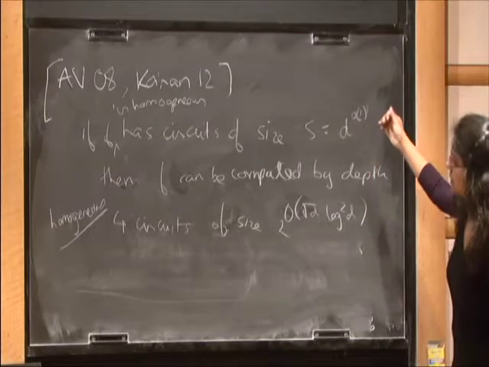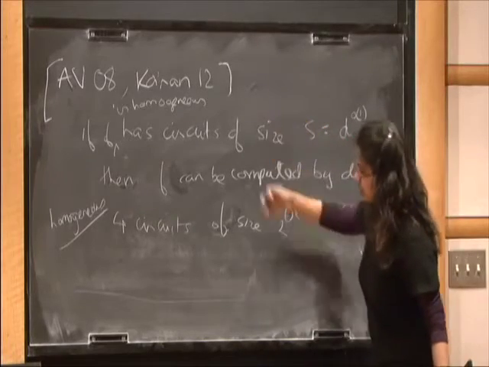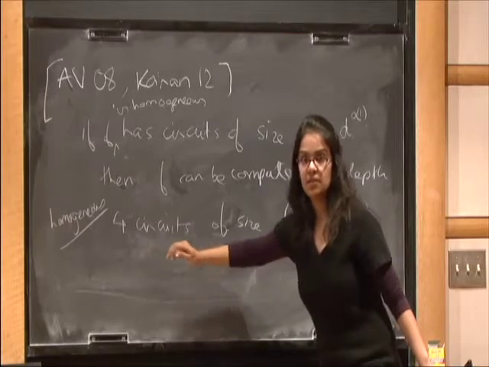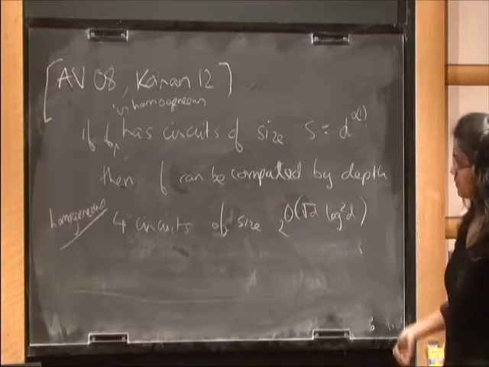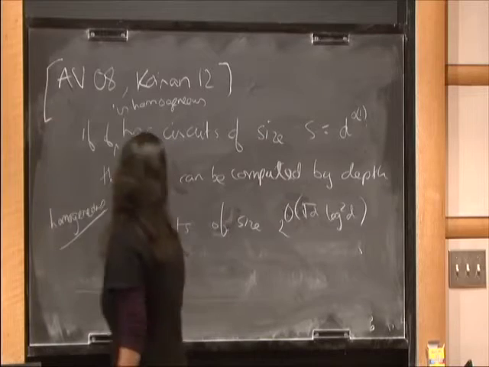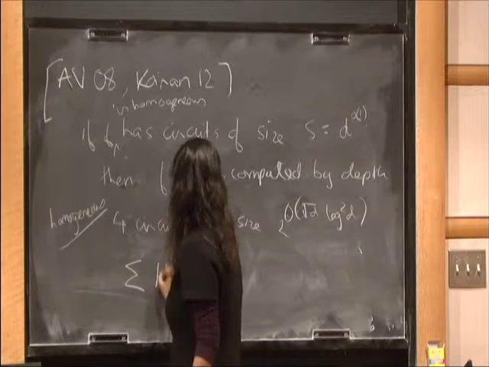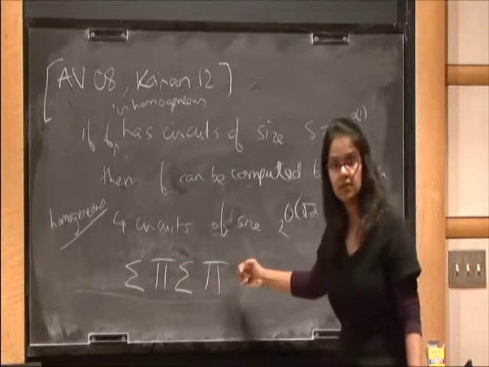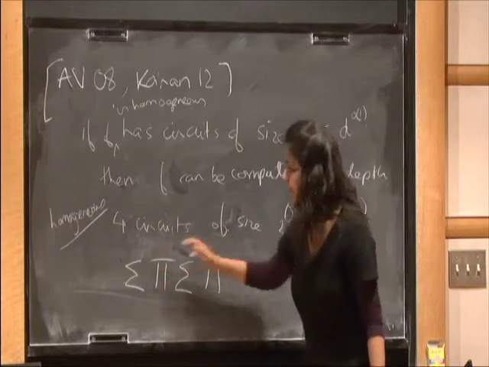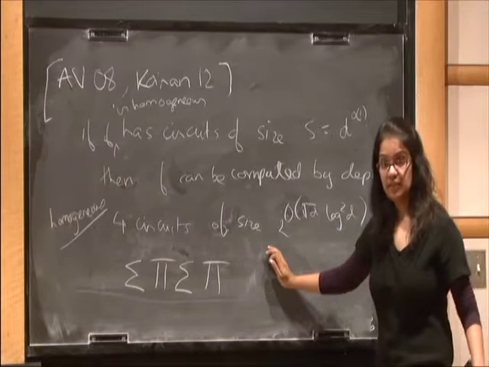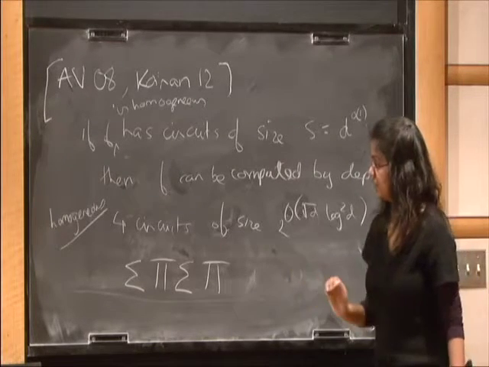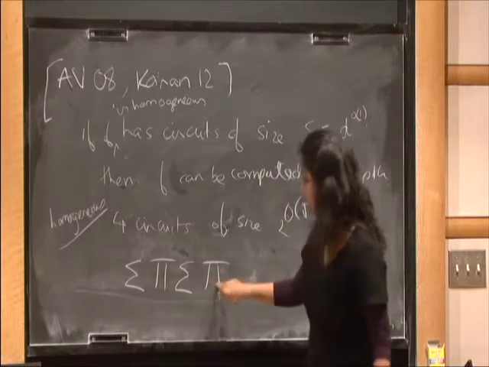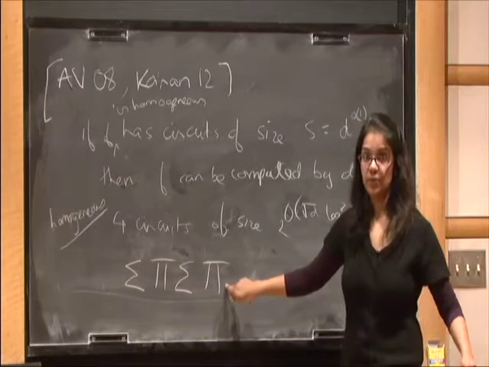These results also gave some additional structure on these depth 4 circuits. There are 4 layers: a sum, then a product, then a sum, then a product. Suppose this is computing a polynomial of degree d. They are able to make it such that both these product gates individually have fan-in square root d.